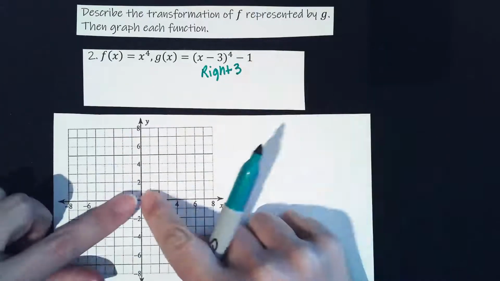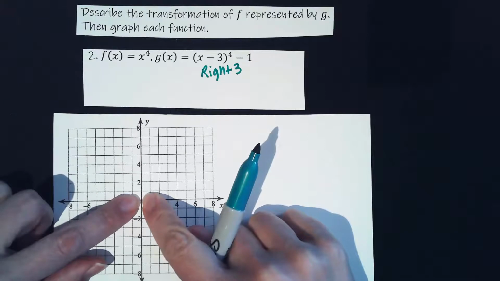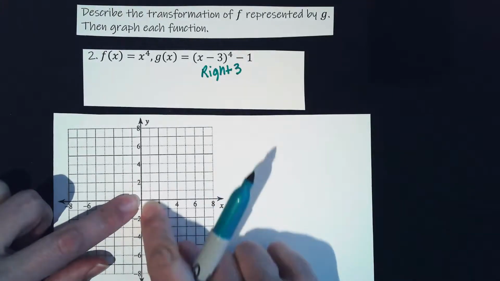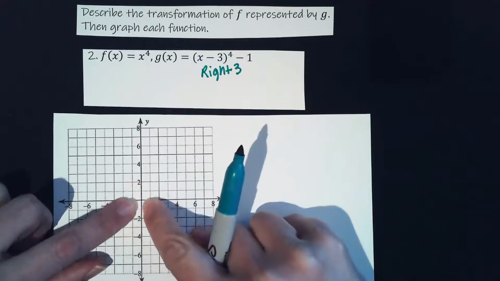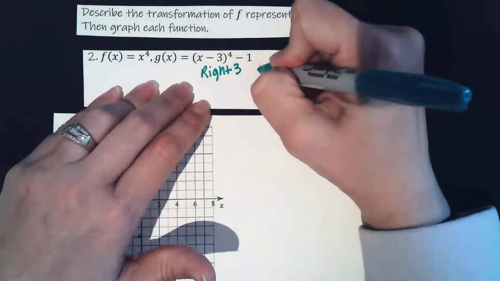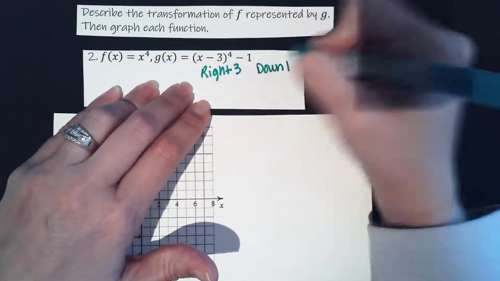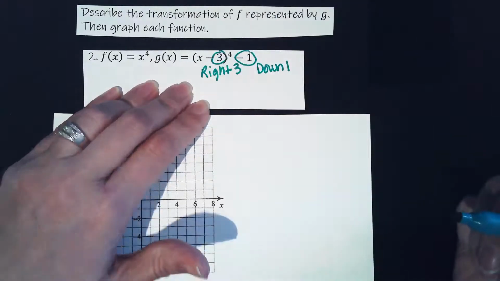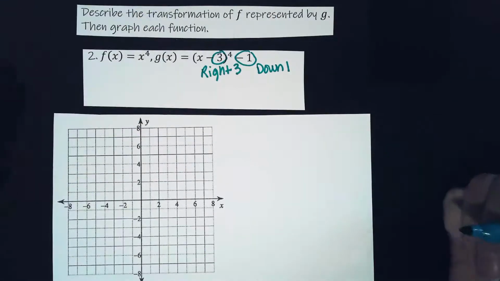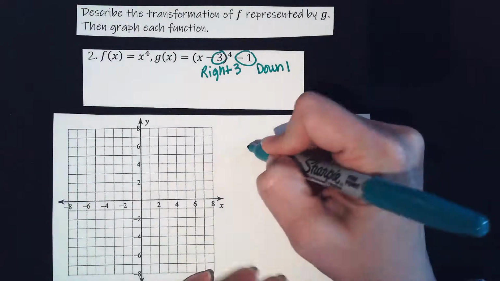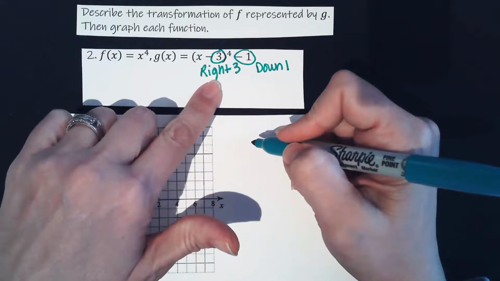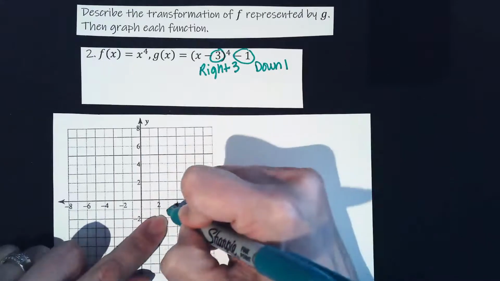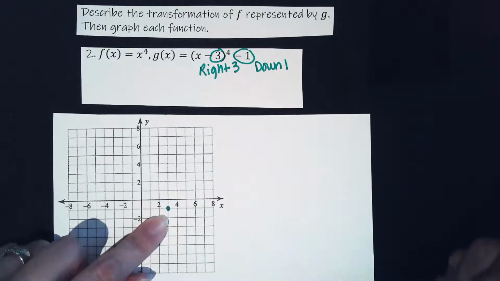And then the number tacked on the end is a minus 1, and that moves our y value up and down, and it goes to minus 1 going down. So I'm going to go down 1 based on this, but we do the opposite thing with that sign. All right. So again, if I put my starting point, I go right 3, down 1, there's my starting point.